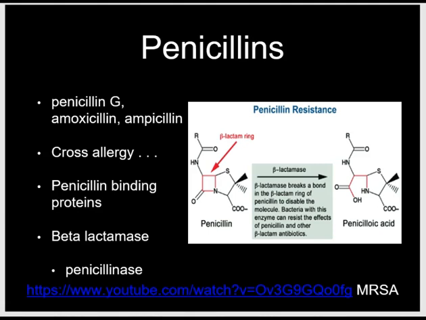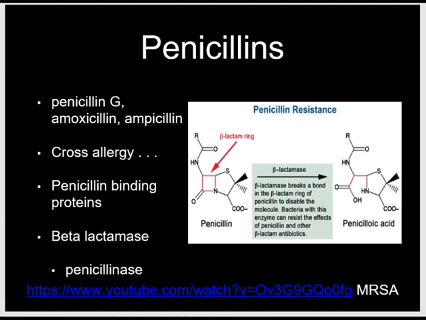The adverse effects with the combos are due to the antibiotic itself. The clavulanic acid or sulbactam is not a bactericidal agent, and so no adverse effects are going to be from that. They're just going to be from the penicillin. And then the beta-lactamase inhibitors are not effective against penicillin binding proteins.